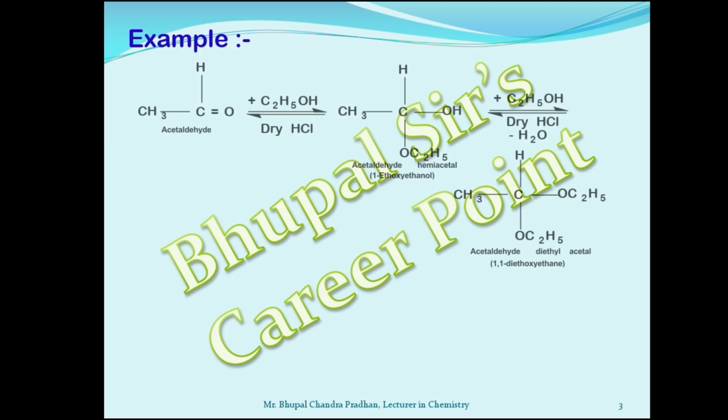Examples. Let us take CH3 in place of R. So whenever acetaldehyde reacts with ethyl alcohol in the presence of dry HCl, then acetaldehyde hemiacetal is formed, which again reacts with ethyl alcohol to give acetaldehyde diethyl acetal.